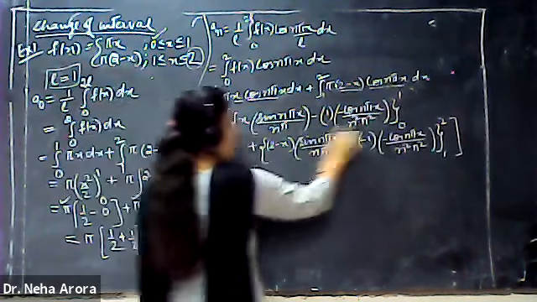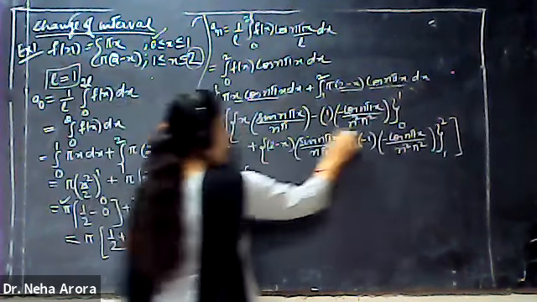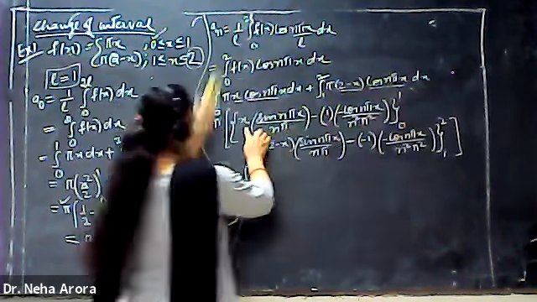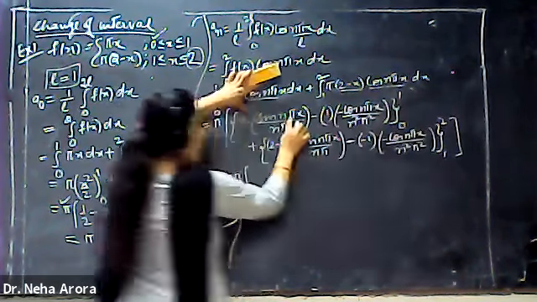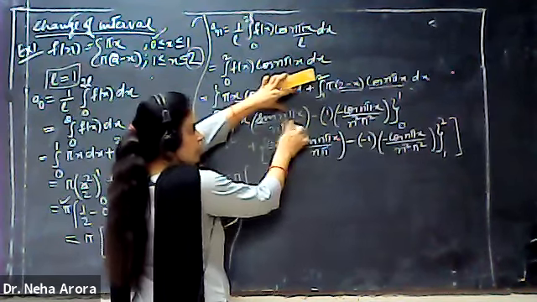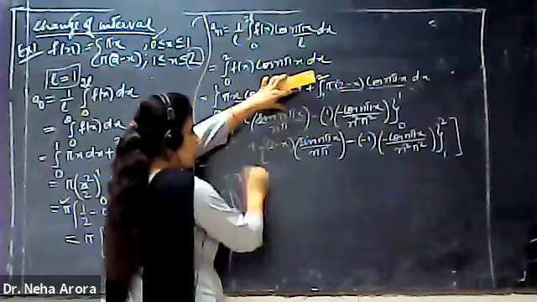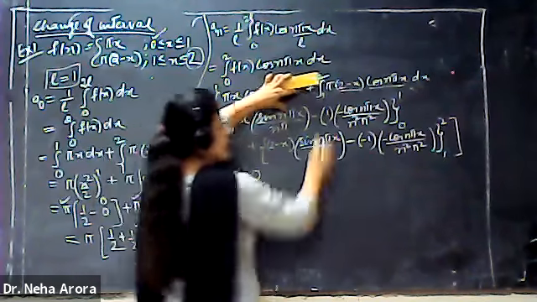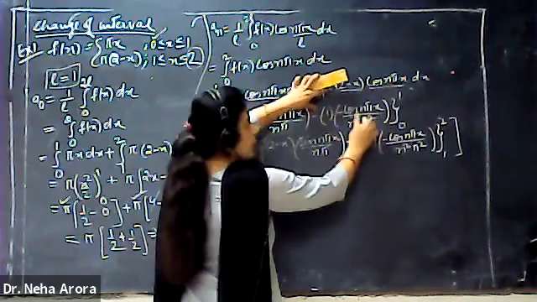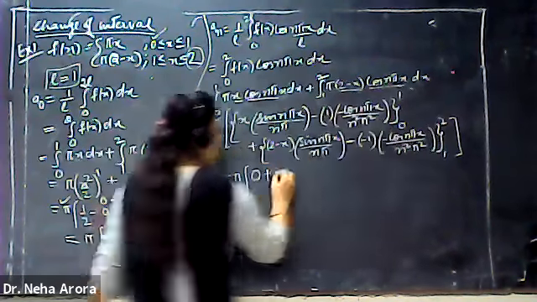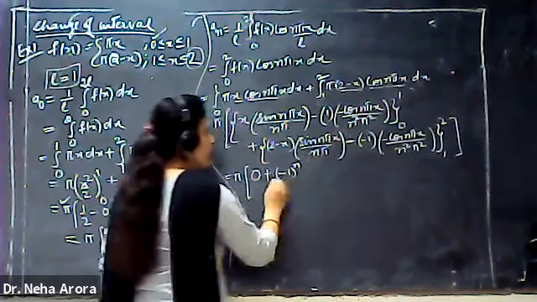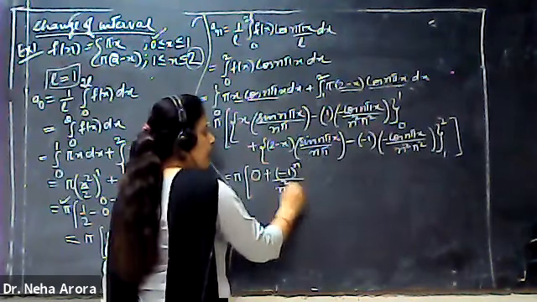Now this is further equal to π as it is. Firstly, let's substitute the upper limit in the first half of the integration by putting x equal to 1. When you put x equal to 1, you will get sin nπ, and sin nπ is equal to 0. Next term, minus into minus, plus, again putting x equal to 1, you will get cos nπ. And what is the value of cos nπ? It is (−1)^n divided by n²π².